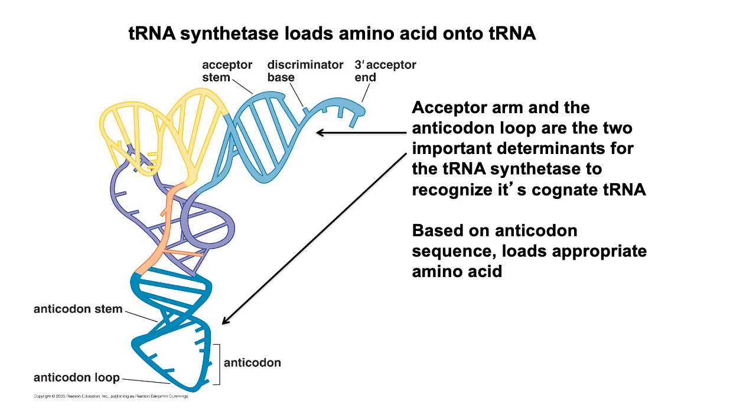And one thing that I'll mention is the DNA sequence encoding each of the 20 tRNAs. And remember, there's 20 tRNAs, one for each amino acid. The DNA sequence that encodes a tRNA is present multiple times in a genome.